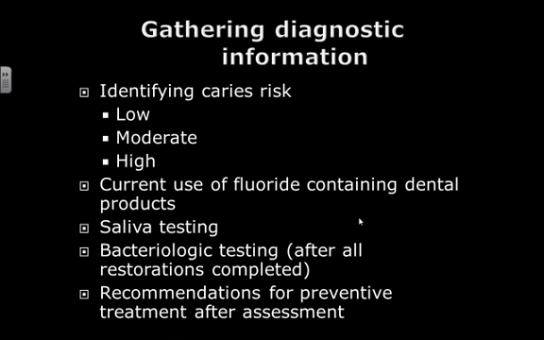We're going to gather all our diagnostic information. We gather that diagnostic information through having the patient fill out a medical history, through questioning the patient about their past dental history, their current dental conditions, their frequency of visits, how they keep their teeth clean, and we do our clinical exam, both radiographically and clinically, looking at the hard tissues and the presence of existing restorations, defective restorations, and teeth.